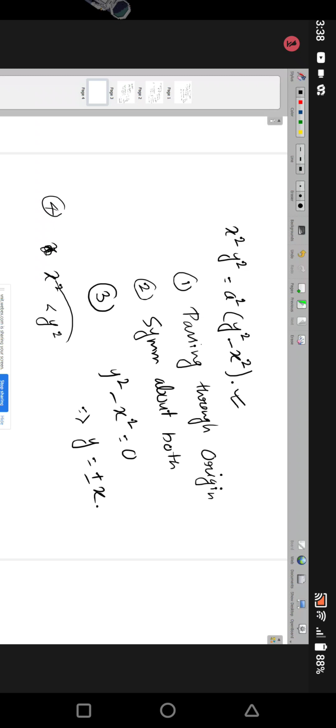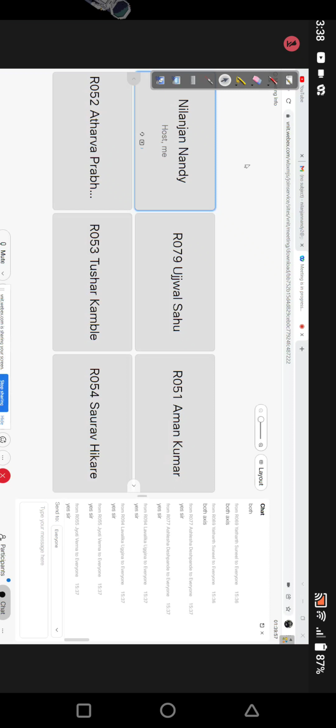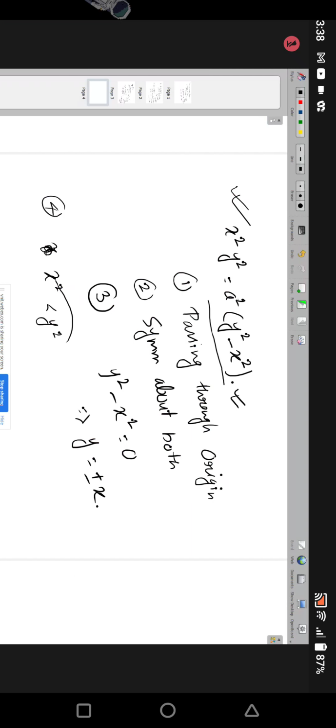I am checking the right hand side here. x square y square, this is always a positive quantity. Is there any doubt about the fact that x square into y square is always a positive quantity? I think there shouldn't be any doubt since it is a square quantity, right? But if you see this part, right hand side, y square minus x square, this can be negative.